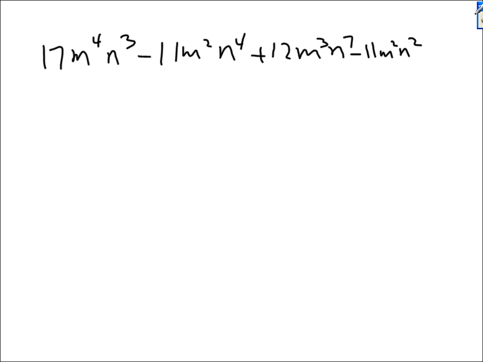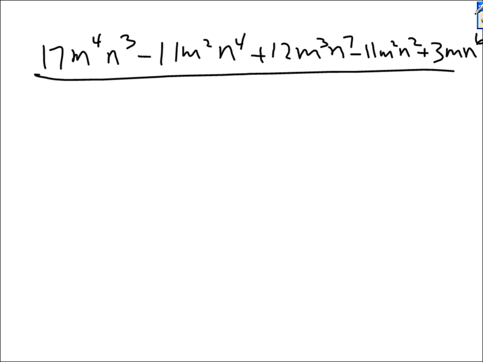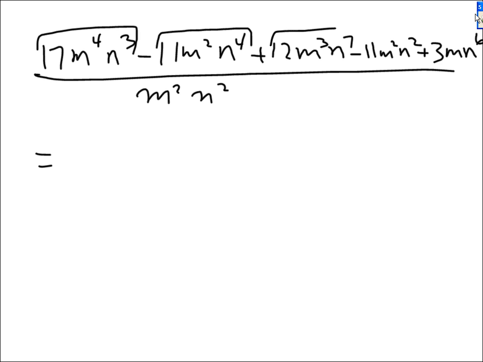And you're going to add 3m n to the 6th power. And you are going to divide this, believe it or not, by m squared n squared. The question is, what do you get? Well, these are the terms. The first term minus the second term plus the third term minus the fourth term plus the fifth term, all divided by m squared n squared.